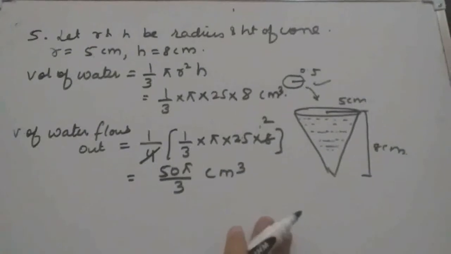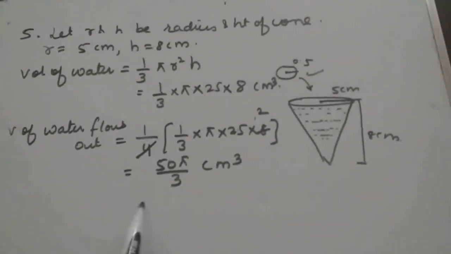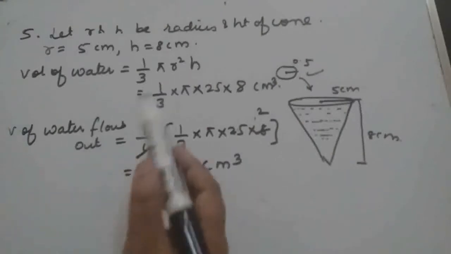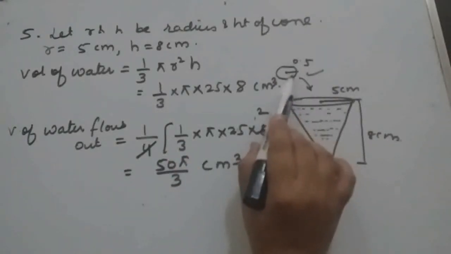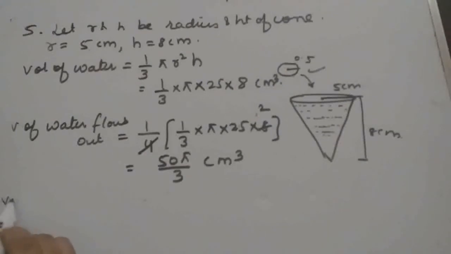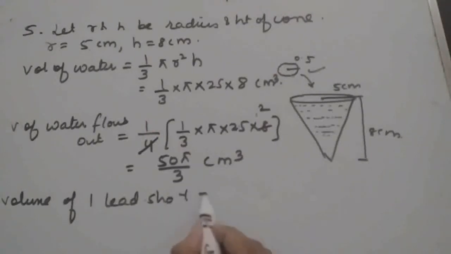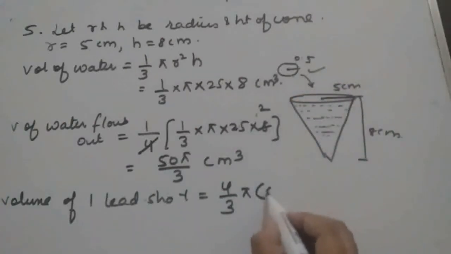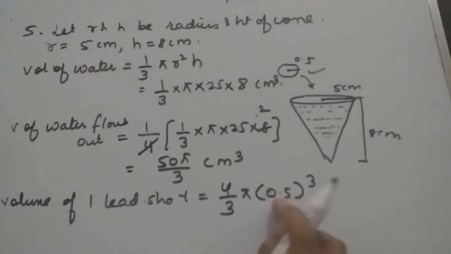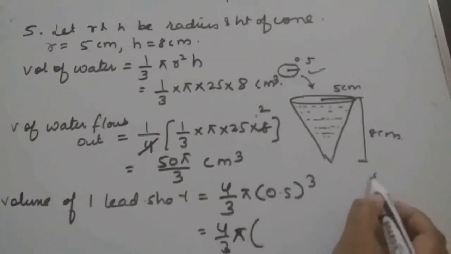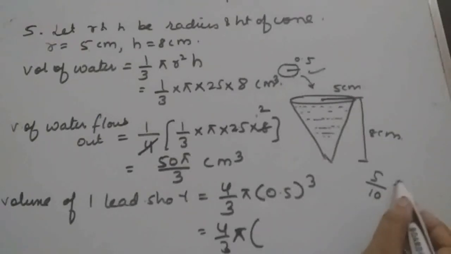Now what is the formula? The number of lead shots is equal to the volume of water that flows out divided by the volume of one sphere. So this volume also we should find now. The volume of one lead shot is, that is spherical in shape, so 4 by 3 pi r cube. R is 0.5, so cube. 0.5 means 5 by 10, which is 1 by 2, isn't it?